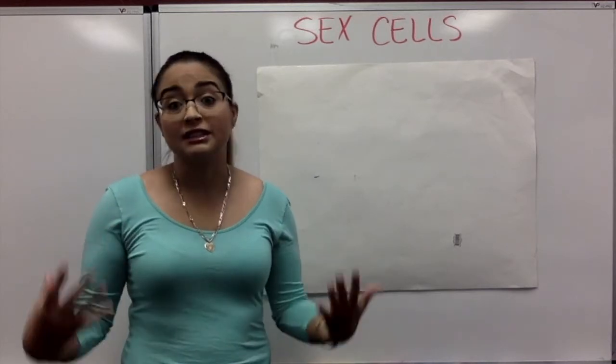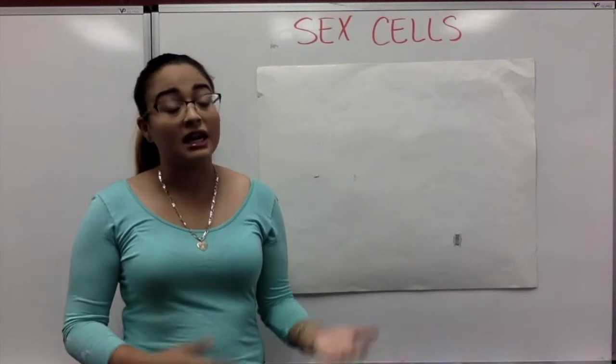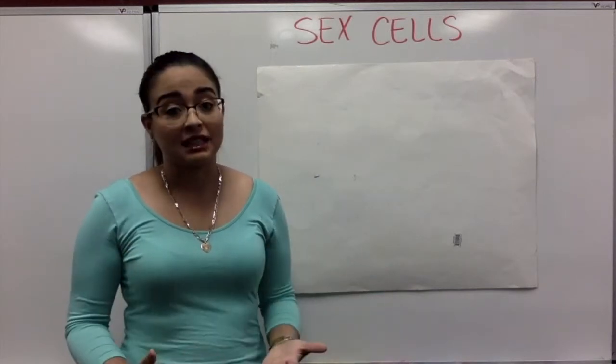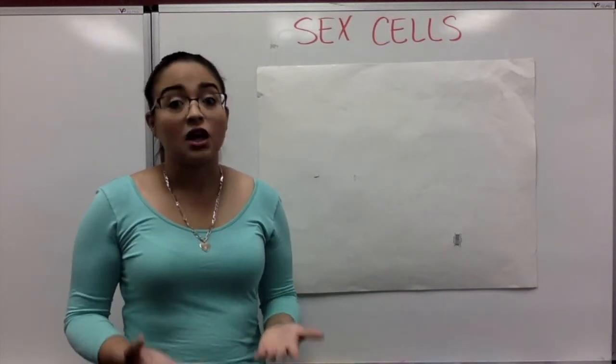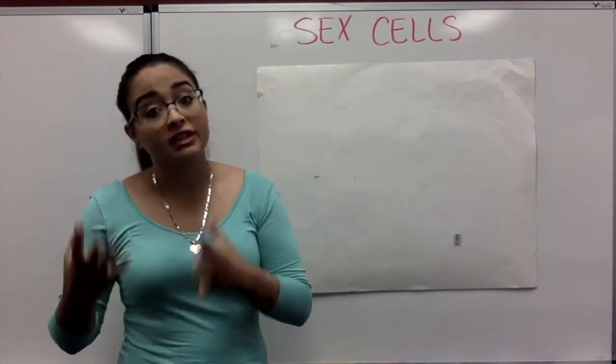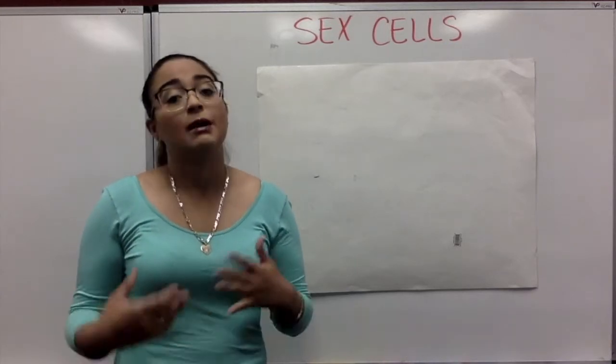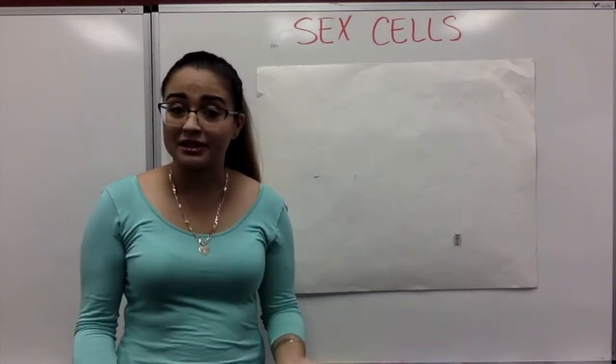Yes, there are different types of cells like we have gone over in the past, and today we are going over sex cells. Sex cells are the cells that are used for living organisms to reproduce sexually. I'm going to go over how that happens.